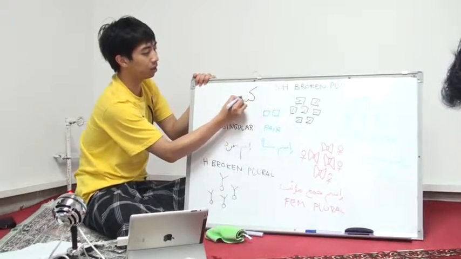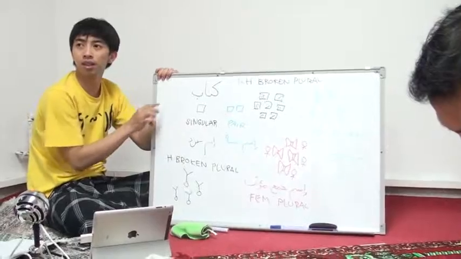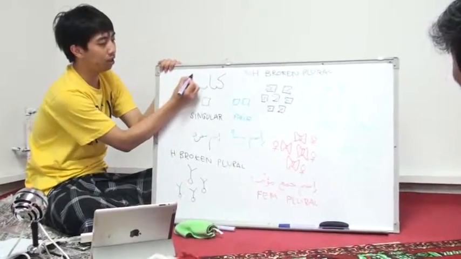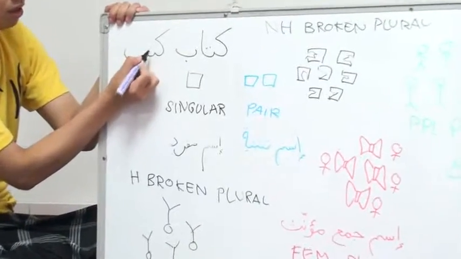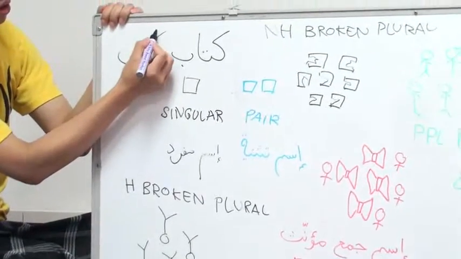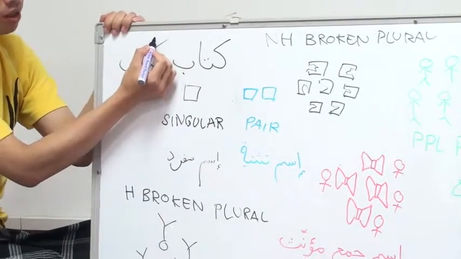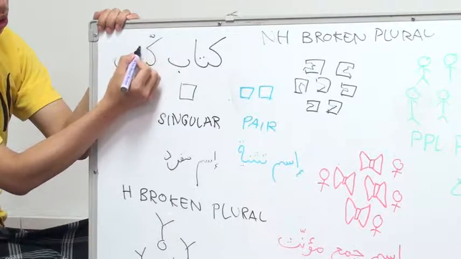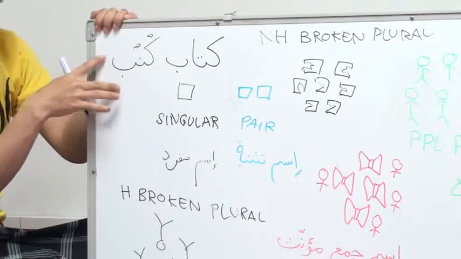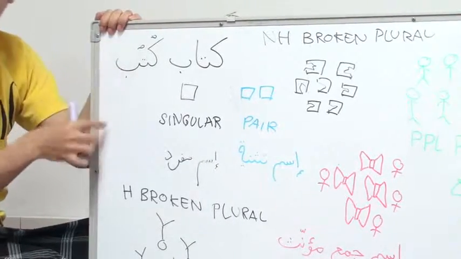This is the singular, and the jama' is kutubun, kutuban, kutubi, kutubin. Okay. And the last one depends on the status. Kutubun, kutuban, or kutubin.